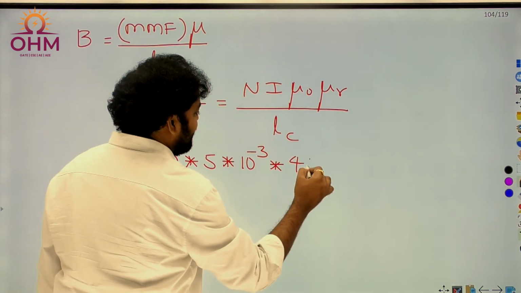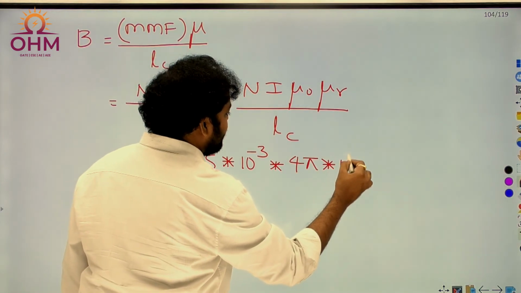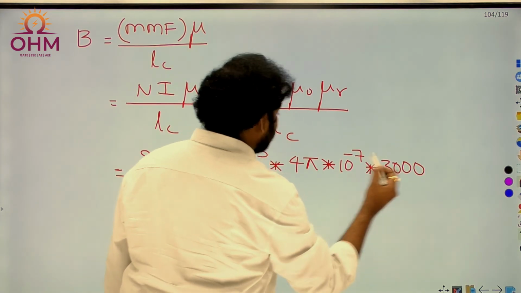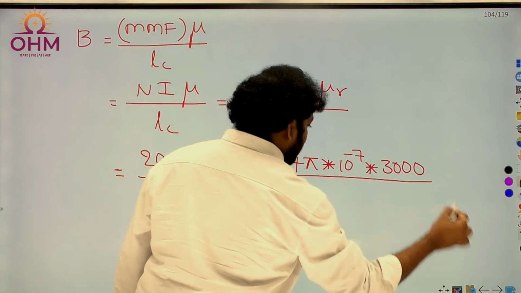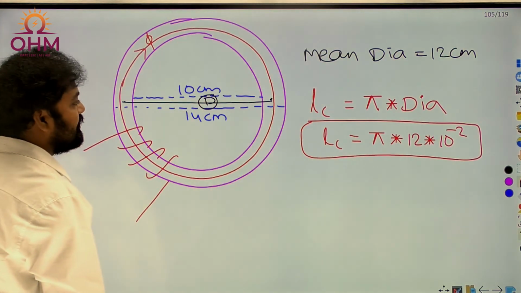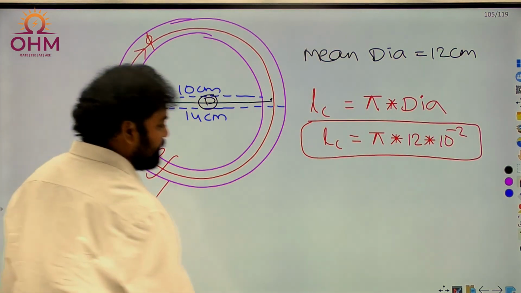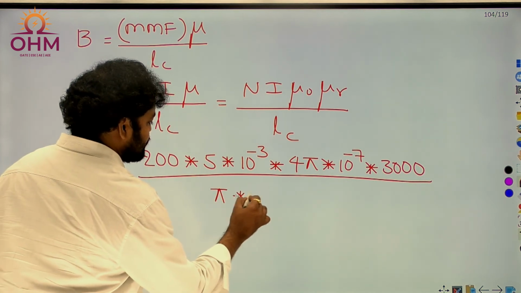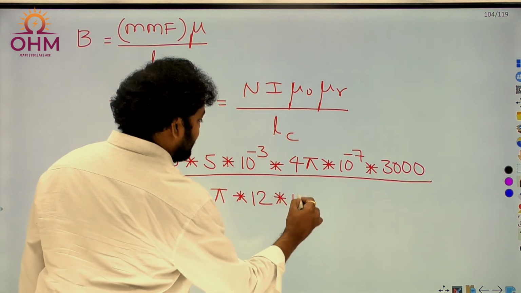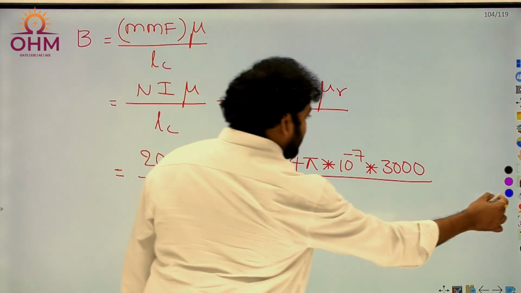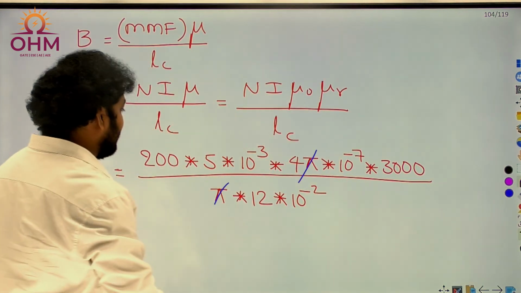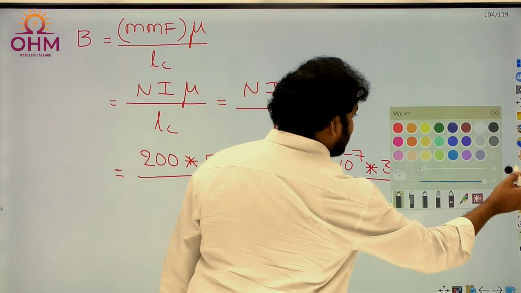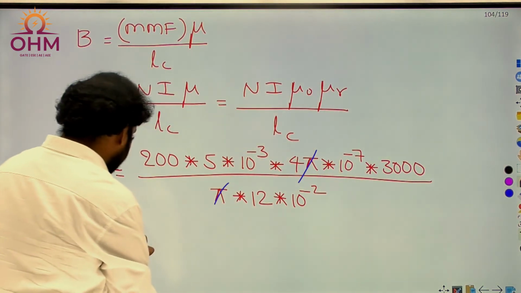Mu naught is always 4 pi into 10 power minus 7. Mu r is given as 3000, divided by length of the core we found already, pi into 12 into 10 power minus 2. You can easily understand one pi will cancel here, and solve this. You will get the answer for flux density in Tesla.